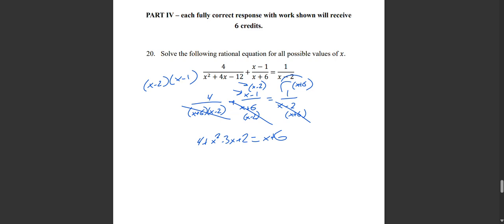And let's move everything over, combine like terms. Subtract the 6, subtract the x. x squared minus 4x. Those cancel.